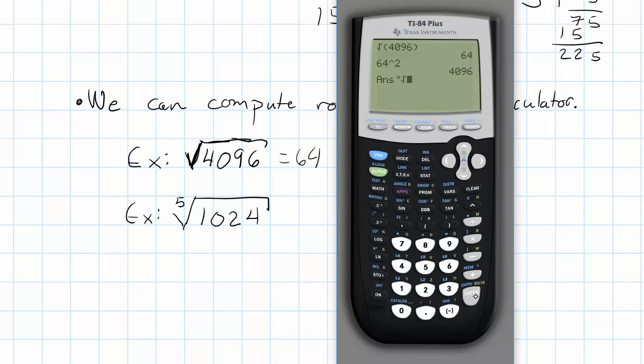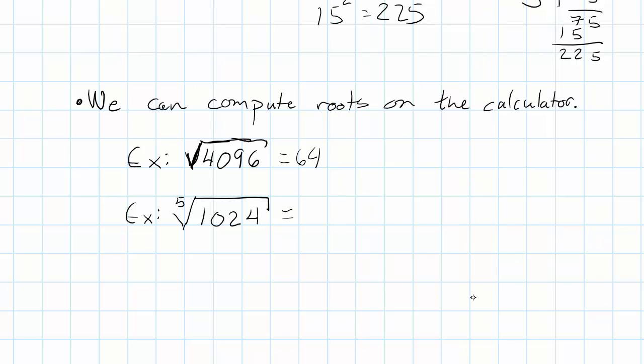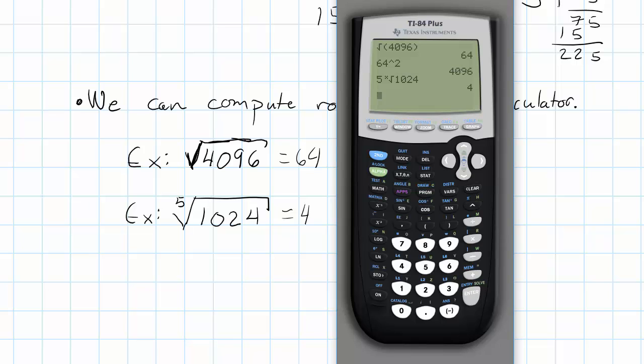Uh-oh. Do you see it put in ANS here? It expected the little number to come first. So we have the little number, and then that x root thing, and then 1024. It says it's 4. That was weird. Let's make sure that worked. 4 to the fifth power really is 1024.